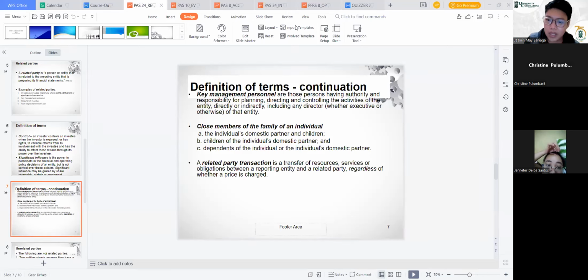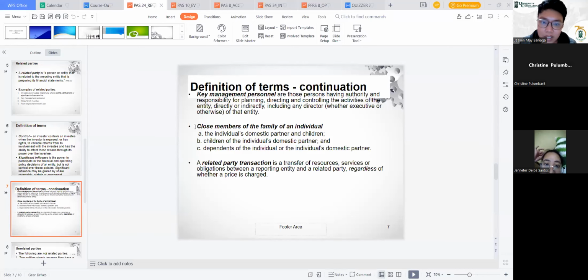So it might depend on the structure of the entity, but basically on the management side, on the strategic side, diba? Management, the definition is the strategic side of the business or the entity's operational activities, not on the tactical or operational side, more of the strategic side for key management personnel.